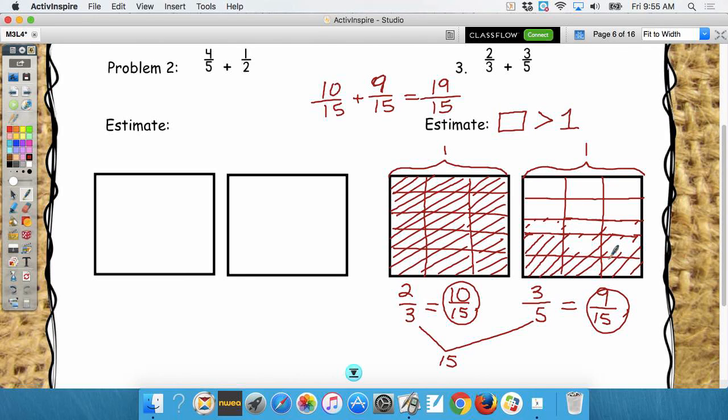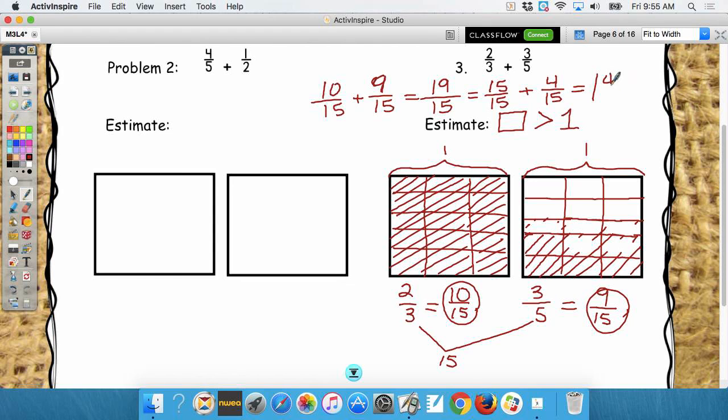Okay. How many do I have in the first shape? 1 whole, but what's the fraction called? 15/15, right? Plus, how many are left? 4/15, correct?